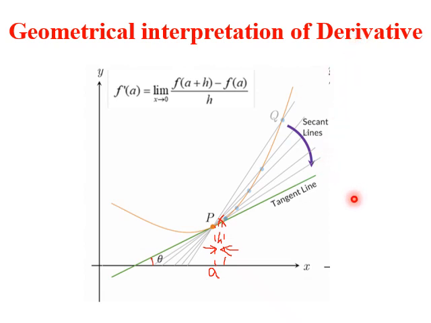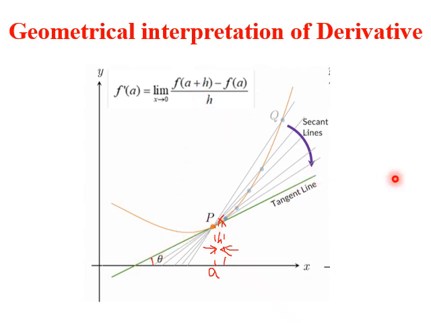Few terminologies are used here: tangent, derivative, gradient. These can be used interchangeably. You can use any word. Presently we use the derivative. So the derivative at point P is the slope of the curve, and it is given by this tangent and by this formula.